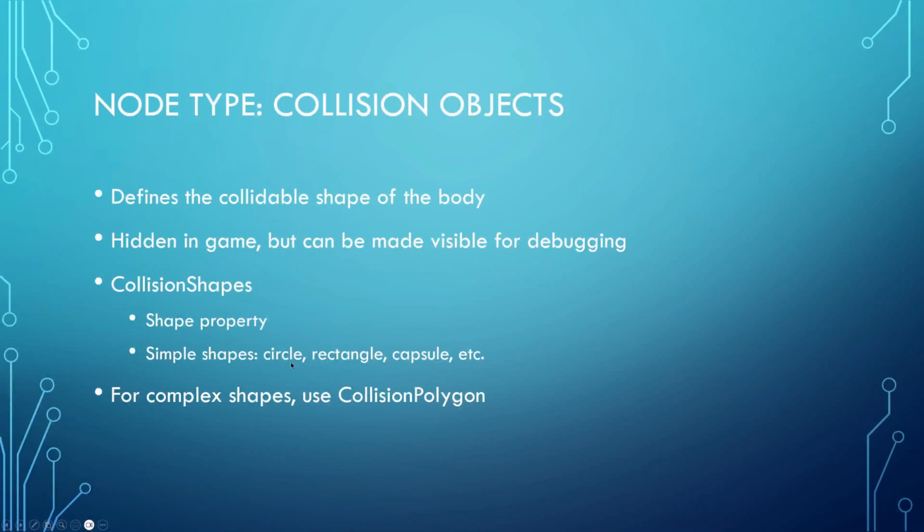Circles are absolutely the easiest. You're just looking at the center of this thing: is there another collider within the radius of the circle? And if so, it's collided. That's super easy. Rectangles and capsules are a little bit more computationally expensive, but not nearly as much as collision polygons.